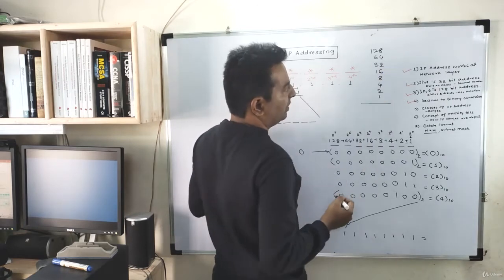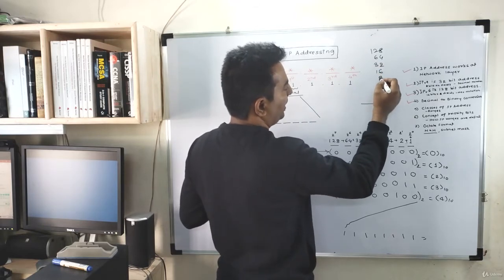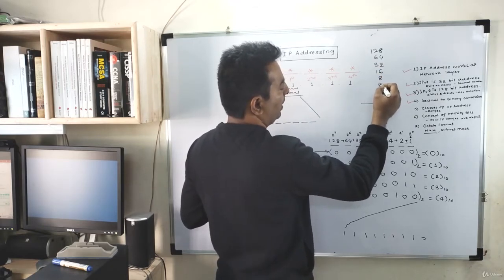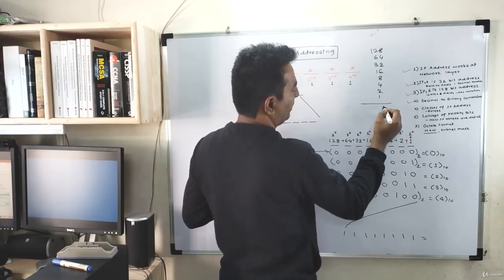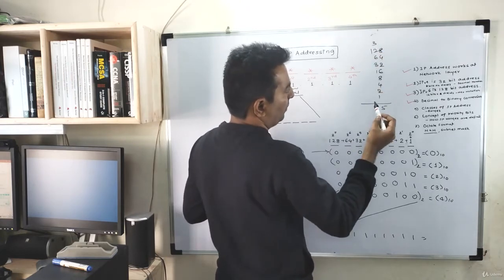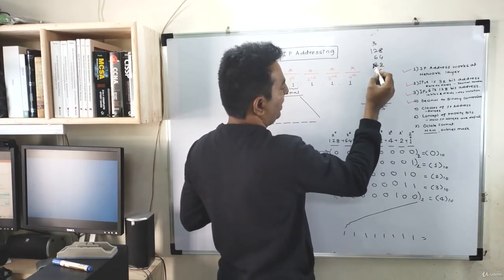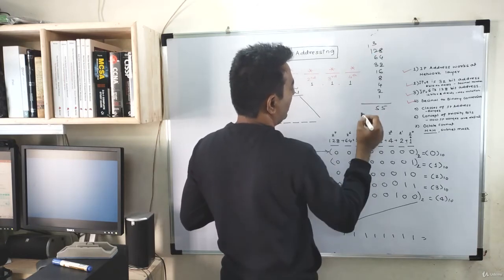So 8 plus 4 is 12, 14, then 14 plus 6, 20, 28, 32, 34 and 35. Carry 3, 3 plus 2, 5, plus 6, 11, 12, 13, 14 and 15. Carry 1.